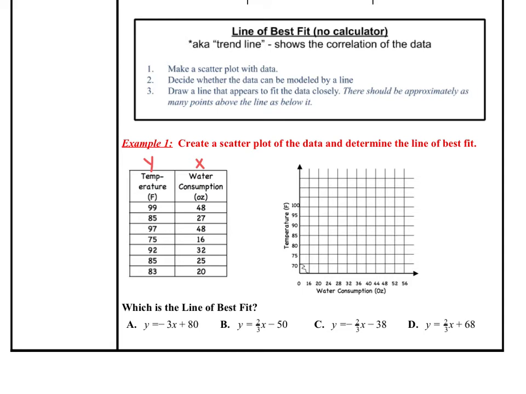Okay, so the water consumption at 48 ounces, the temperature is 99, so I go to 48, and then I follow it up to 99, right about there, and I graph my point. And if you want to cross off as you go, that might be helpful. At 27, it's at 85, so right there. This is tricky. Okay. 48, it's at 97.